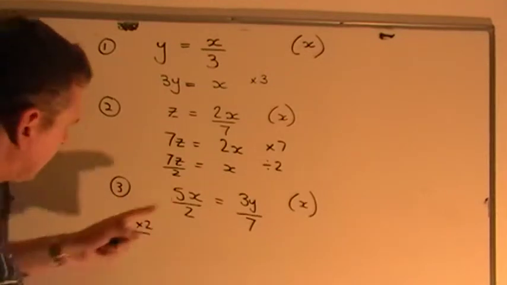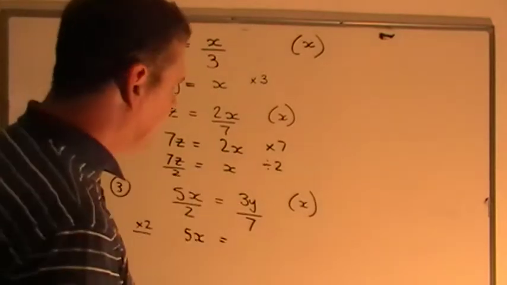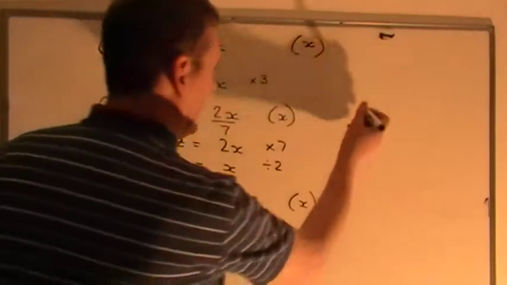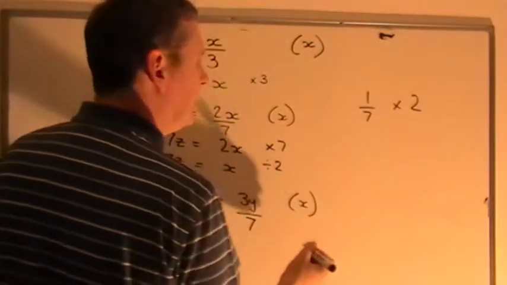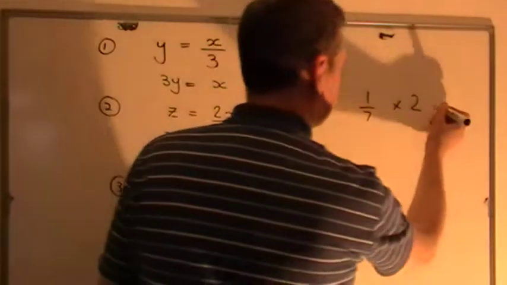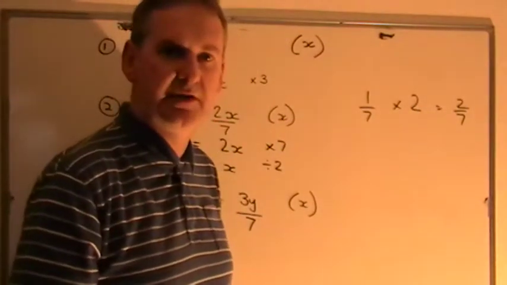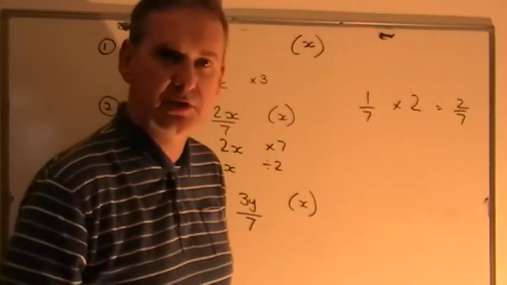Times by 2. Times that by 2, you just get 5x. If you times that by 2, remember how you times a fraction by 2. If I had a fraction 1/7 and I said let's times it by 2, the answer would be 2/7. It's like saying 1 cat times 2, 2 cats. 1 dog times 2, 2 dogs. 1/7 times 2, 2/7.